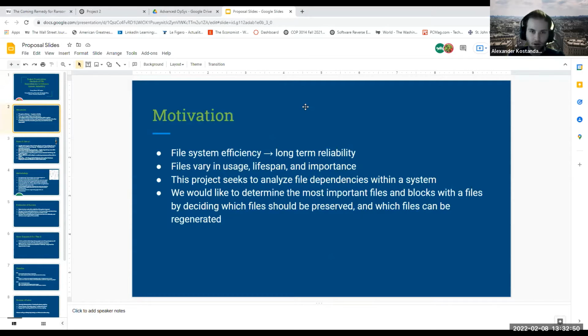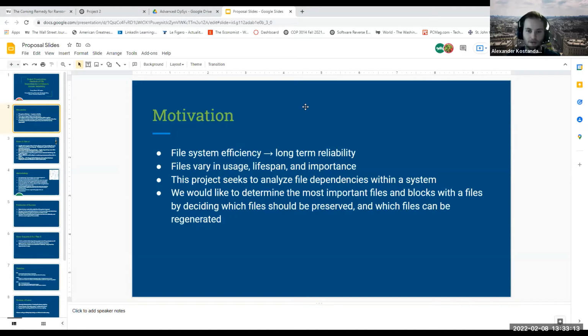So, for example, when you compile a C project, from a .c file you create a .o and then the a.out. So the .o isn't necessarily as important as the .c because it can be regenerated later. And so we're trying to look at file system dependencies within the system.